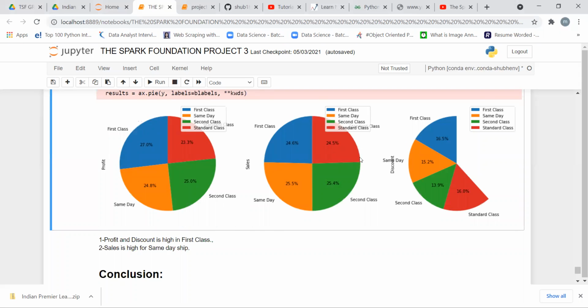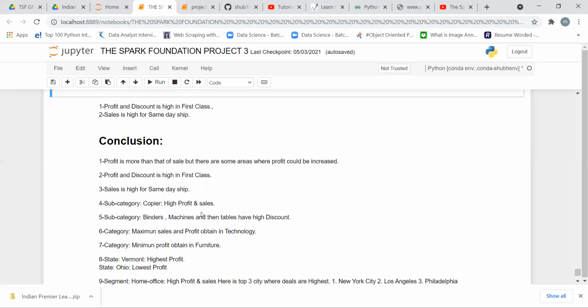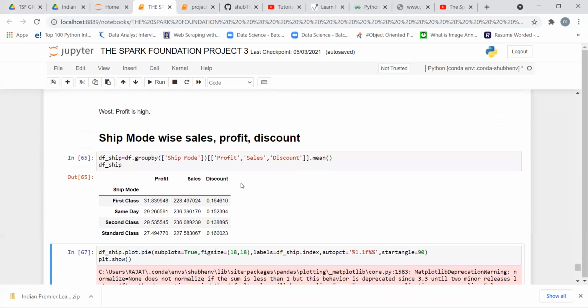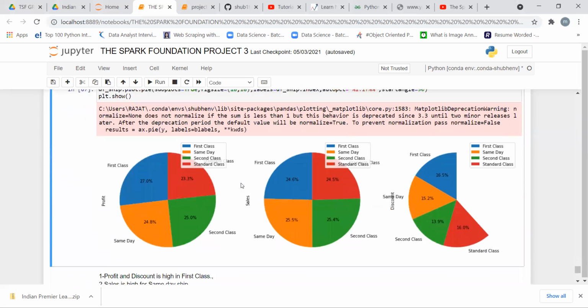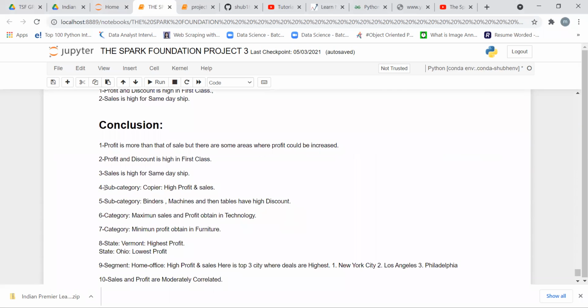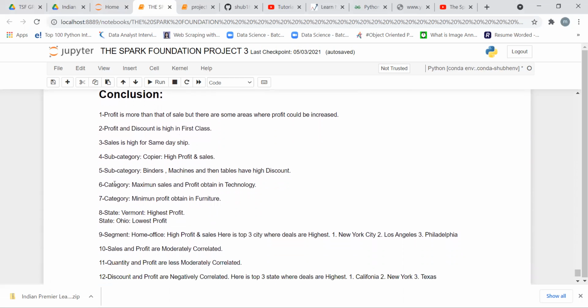Sales are high in same day shipping. In category, copiers have the highest profit and sales, and subcategories binders, machines, and tables have a high discount. In category, the minimum sales and profit are obtained in technology.